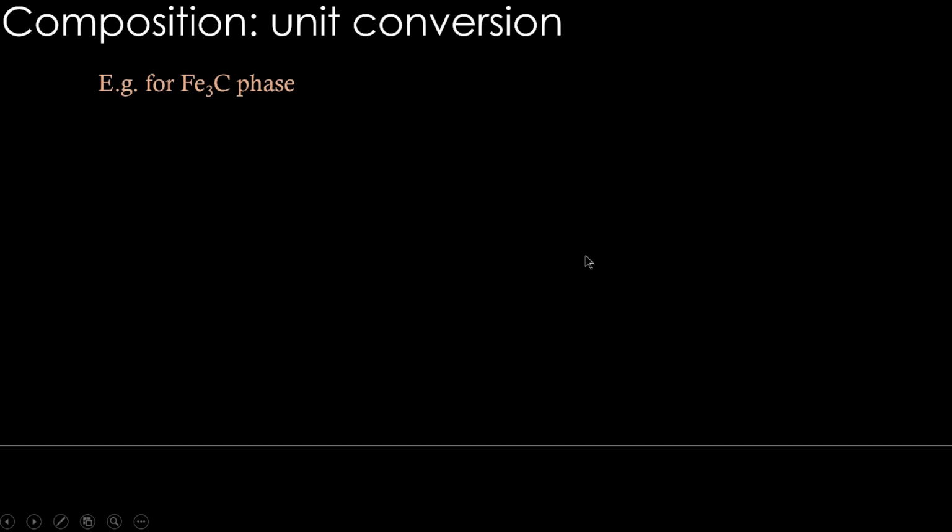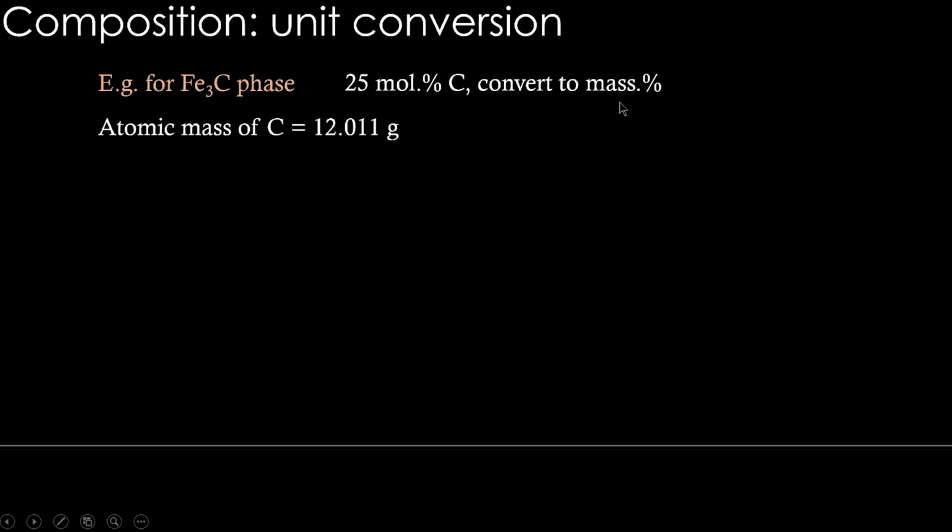How to convert from mole percent to weight percent is an important thing. Let us see one example quickly. Let's say 25 mole percent carbon, convert that into mass percent. The atomic mass of carbon is the important data here, and the atomic mass of iron.